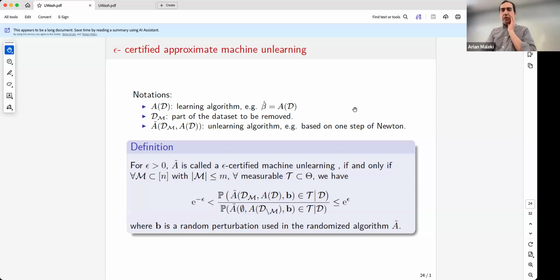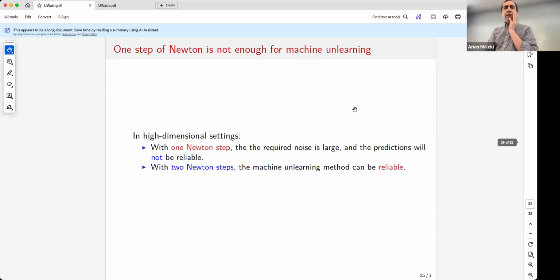One thing that we managed to prove in a paper was that if I do just 1 step of Newton, it's not going to work. The amount of noise, even for removing 1 data point, if I just do 1 step of Newton, is not going to work, because I have to add noise, and this noise is so large to hide the residual information that my predictions are not going to be good anymore.